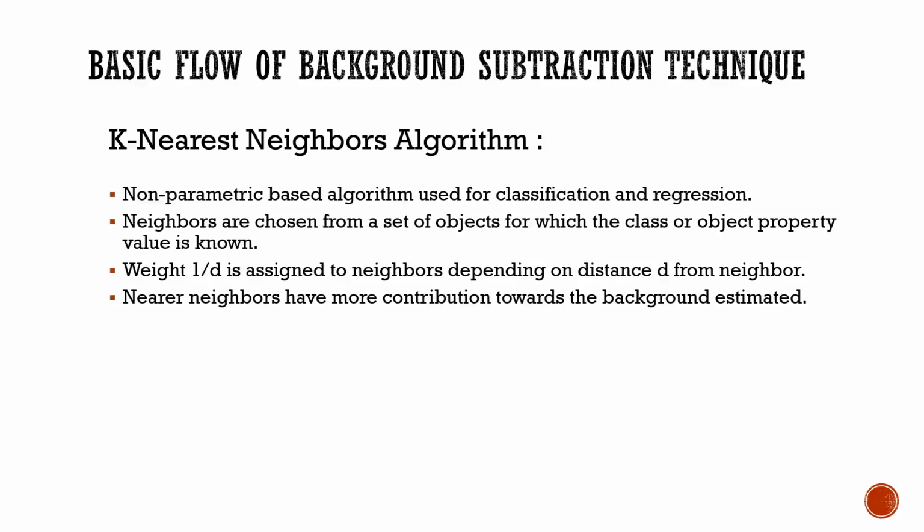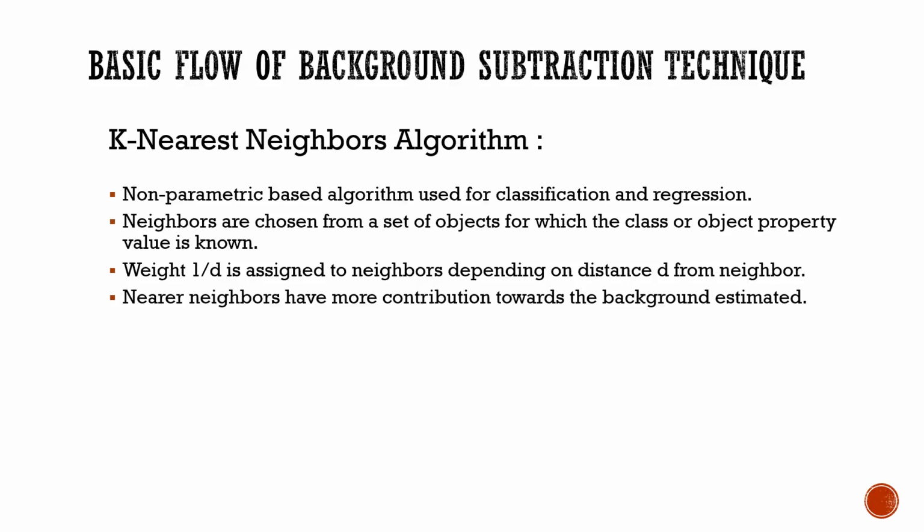K-nearest neighbor algorithm is a non-parametric method used in pattern recognition for classification and regression. It is a type of lazy learning where local approximation of the function is performed and the computation is delayed until classification.